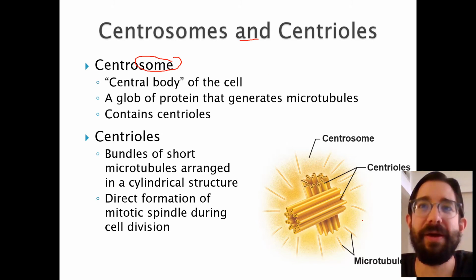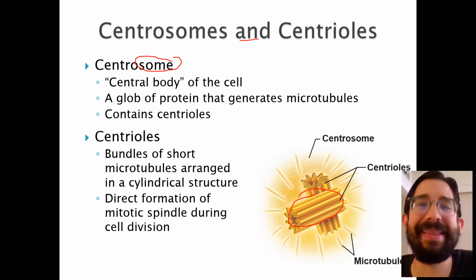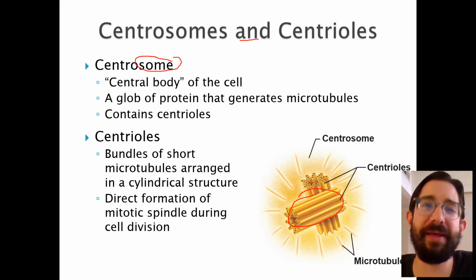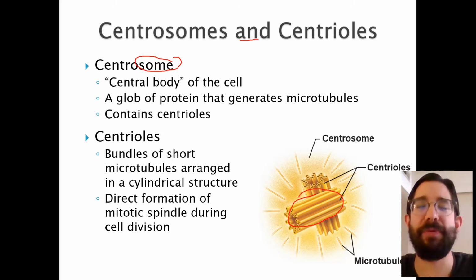Inside this glob are 2 centrioles. Those are bundles of little short microtubules that make these cylinder shapes. And those are important for organizing the microtubules in your cells and creating that mitotic spindle to help pull things apart during cell division.